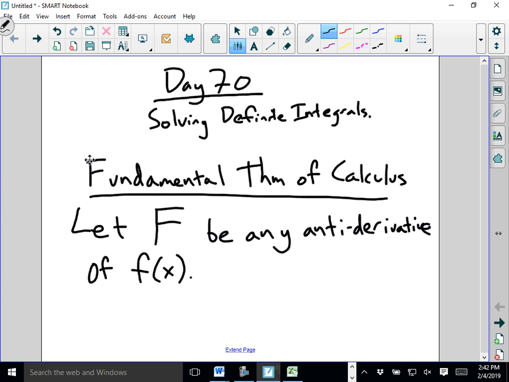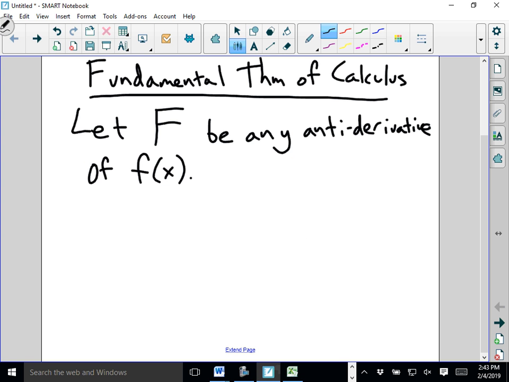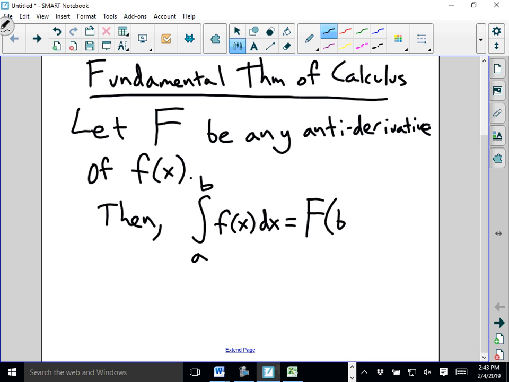So here's what we do. If we want to integrate lowercase f of x from a to b, here's what we get. If I do a definite integral from a to b of f of x dx, this is going to equal the antiderivative evaluated at b minus that same antiderivative evaluated at a.